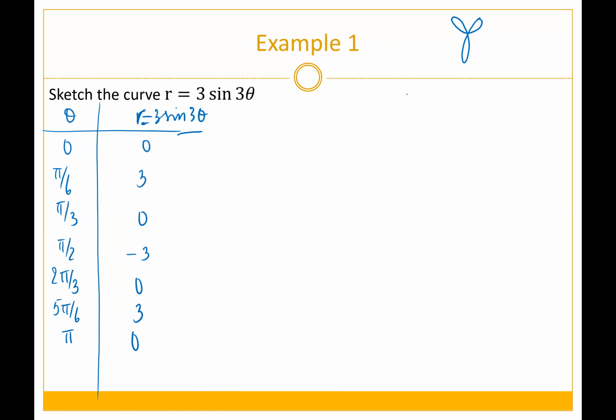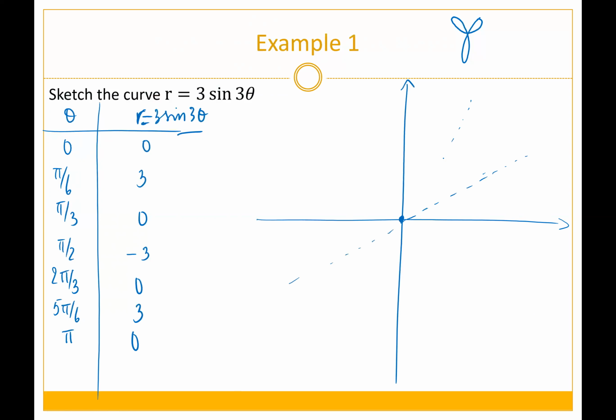So the graph we have here: the first point is at 0. The second point is at pi over 6, so let me graph the line of pi over 6, and then the line of pi over 3.